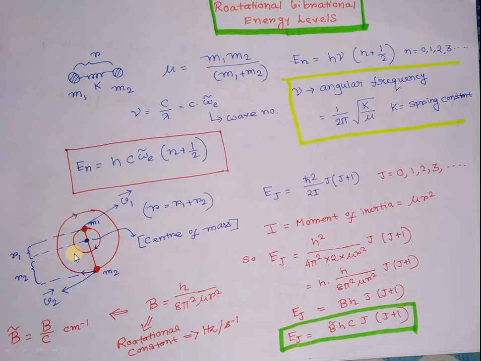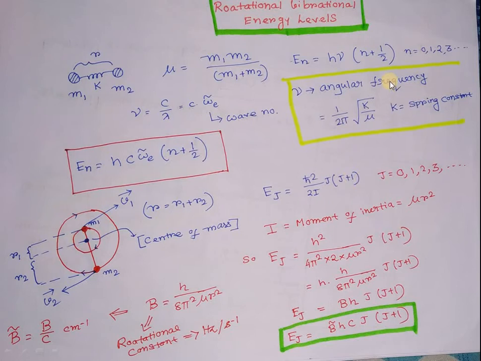This type of model is called the rigid rotor model. In the rigid rotor model, the energy levels can be expressed by the following formula, where Ej, the energy of the jth quantum state, is equal to h cross square by 2I into j into (j plus 1), where j is called the quantum number.